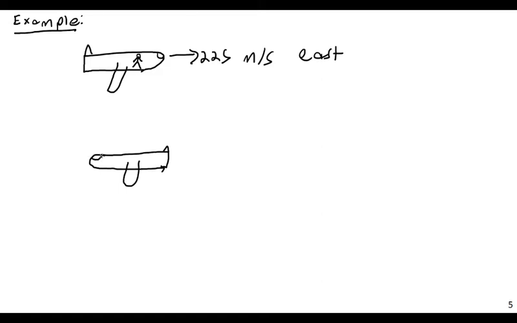And then we have another crudely drawn plane, moving 300 meters per second west. And there's another person standing here. This is not to scale, otherwise his head would be sticking out of the plane. I don't recommend sticking your head out the plane window when it's going over 500 miles an hour. You're going to have a bad time.